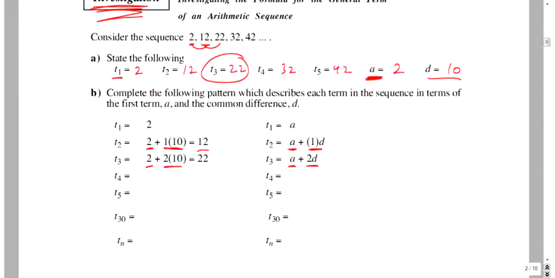Okay? So the fourth term, do we see a pattern here? What's this number going to be? 1, 2, 3 common differences. That's 32. Okay, there it is, right? Also, we can say that's the first one and 1, 2, 3 common differences.